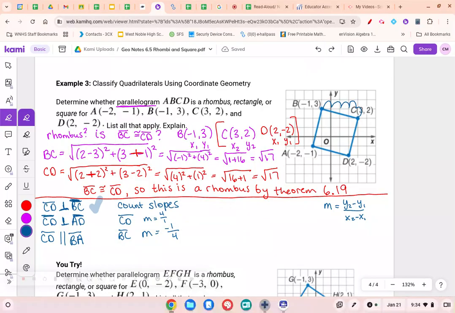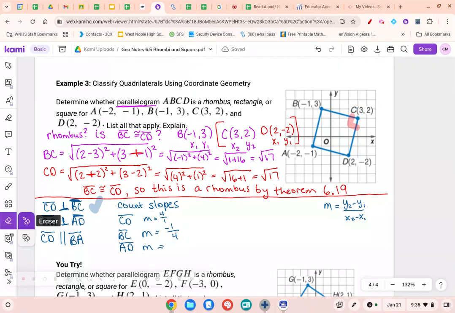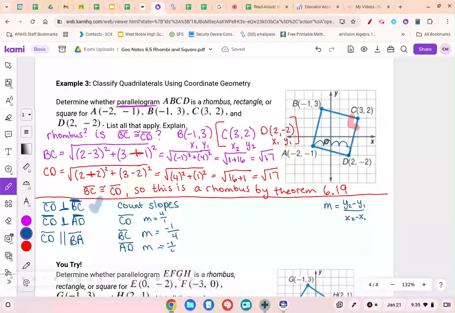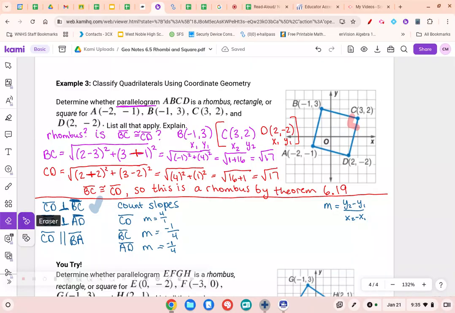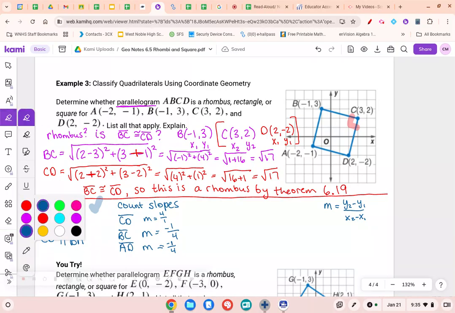So this one checks out here. They are perpendicular. This for sure is 90 degrees. Now let's check AD. We are going to rise from D and then run 1, 2, 3, 4 to the left. So it has a -1/4 slope, or 1 over -4 slope. It does not matter which way you say it. So guys, this one also checks out.